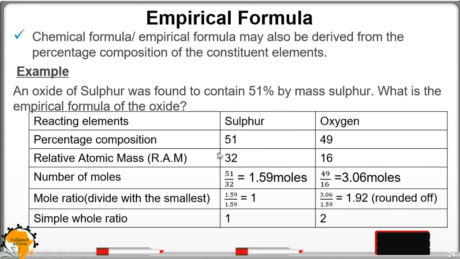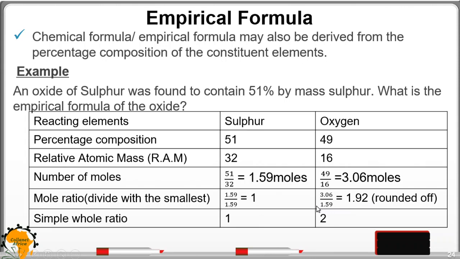Relative atomic mass, sulfur 32, oxygen 16. To get the number of moles, you divide the percentage composition by RAM to get 1.59, while the other one is 3.06 moles. Mole ratio: you divide by the smallest value. In this case, the smallest value is 1.59 to get one whole number, and the other one we get 1.92.